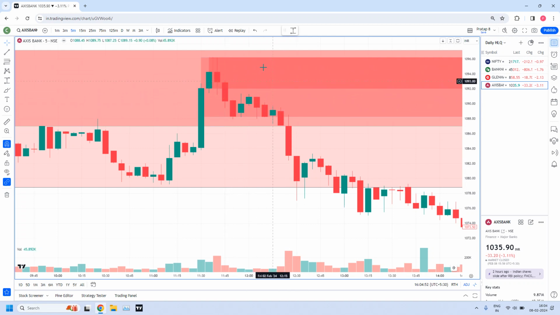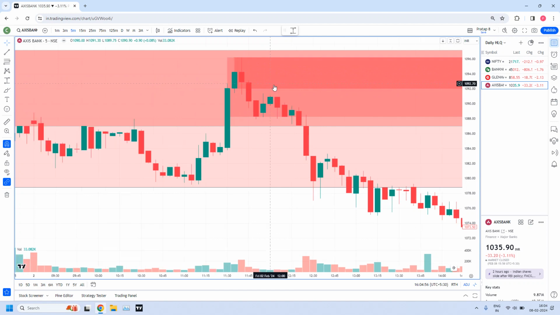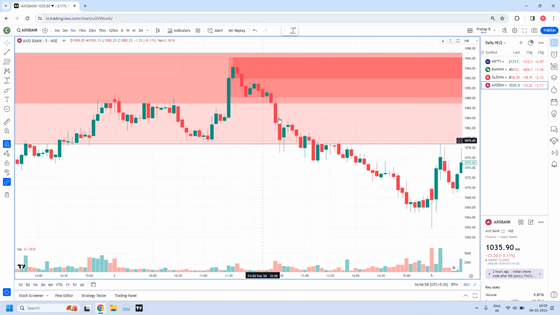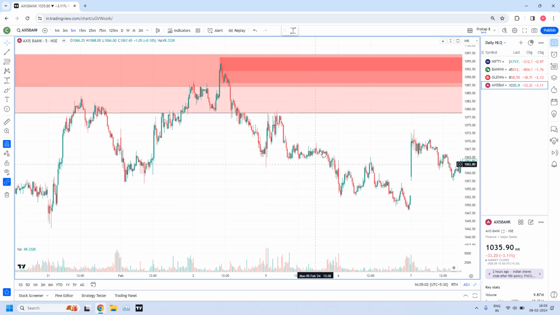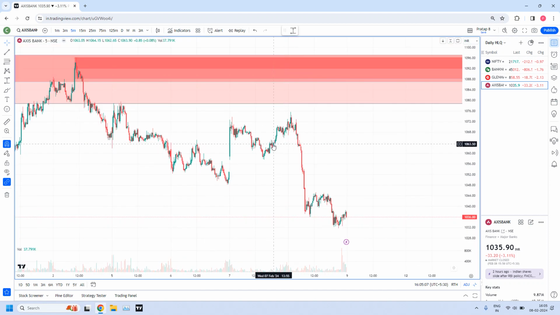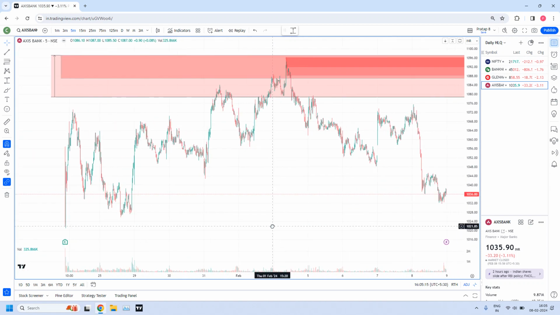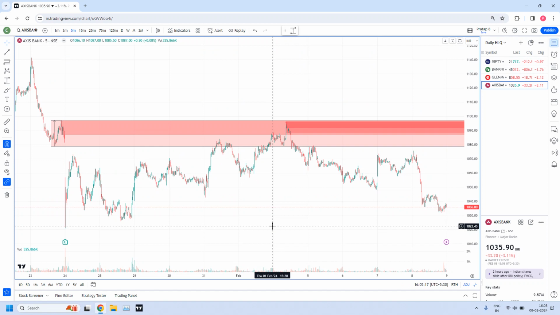That means a strong order flow is there in this area. Because there is a strong order flow, we can plan a trade. Moreover, it is a fresh 5-minute zone. But unfortunately, today prices couldn't reach this zone. Instead, they further moved down. So in both these stocks, we didn't get a trade opportunity.